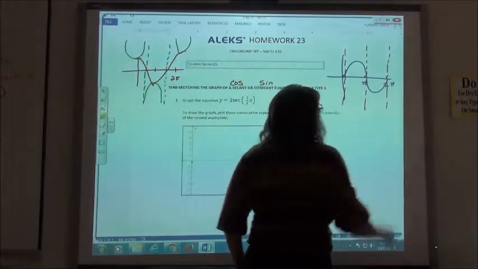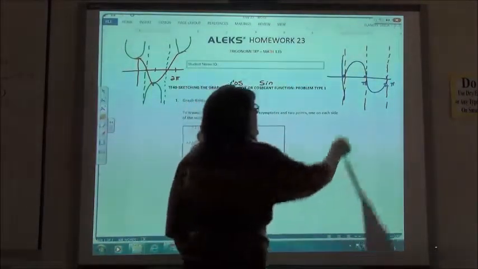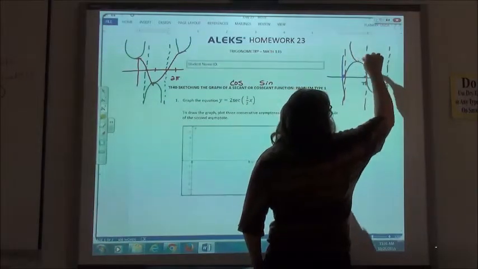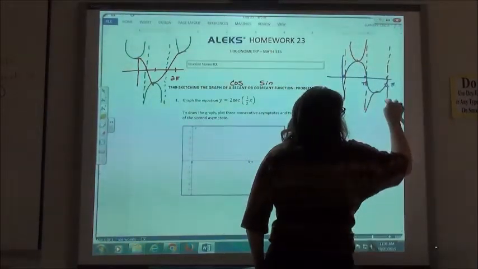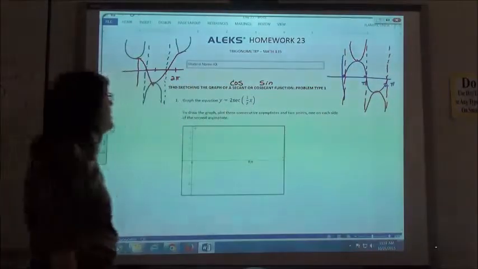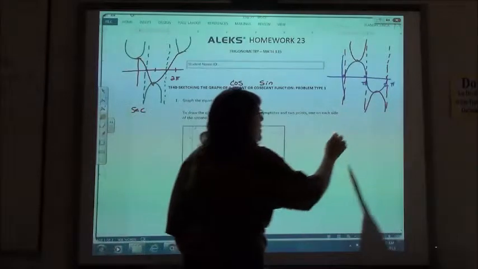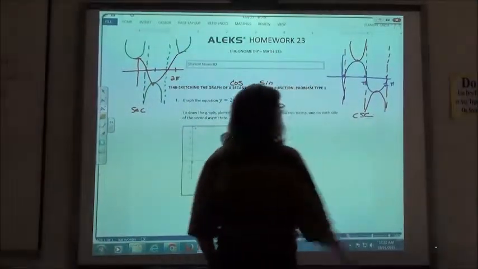It's the inverse or the reciprocal. And again, it's going to touch this point, but instead of going this way, it's going to go this way and this way. So, secant curve, cosecant curve.